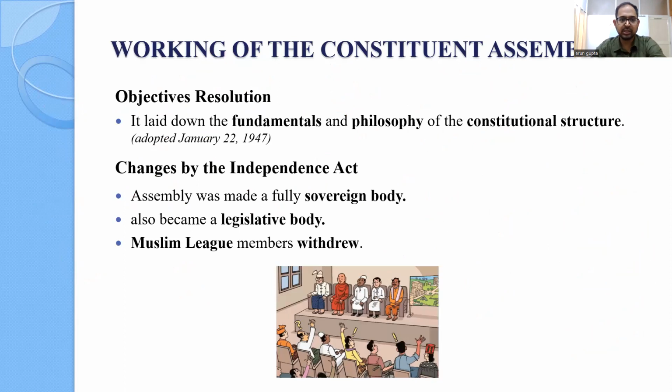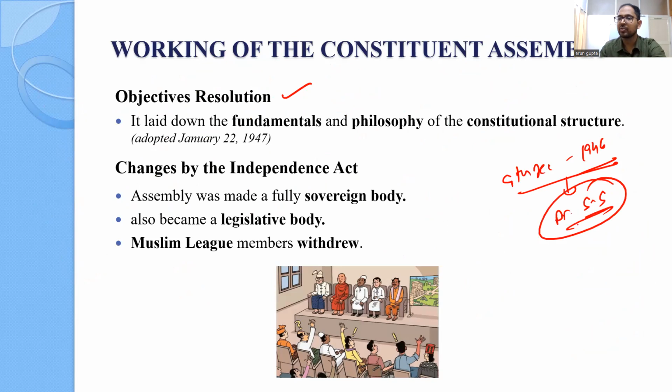How did it work? The Constituent Assembly worked. First the objective resolution came. So what happened? On 9th of December 1946, the Constituent Assembly sat for the first time. Dr. Sachidanand Sinha was the eldest member, so he was made the chairman of the Constituent Assembly. On 11 December 1946, Dr. Rajendra Prasad was elected as the chairman of the Constituent Assembly.